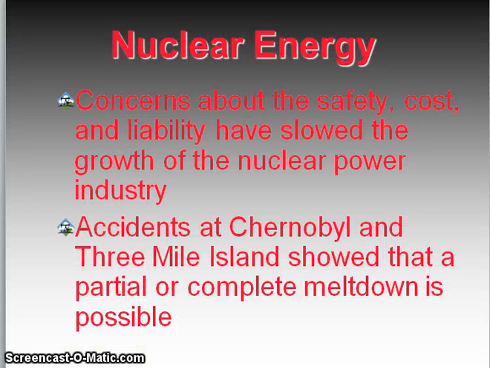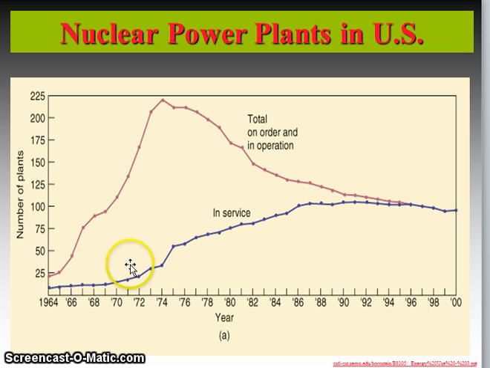The concerns about the safety, cost, and liability, having to pay for accidents, that is, have slowed the growth of the nuclear power industry, and accidents at Chernobyl and 3 Mile Island showed that a partial or complete meltdown is a possibility. You can see here that over time, nuclear power plants, their service is starting to decline.